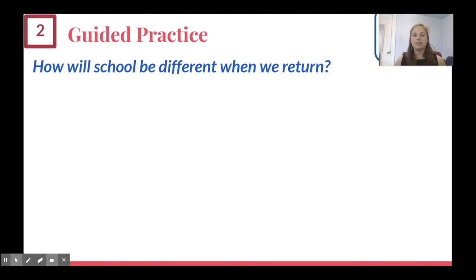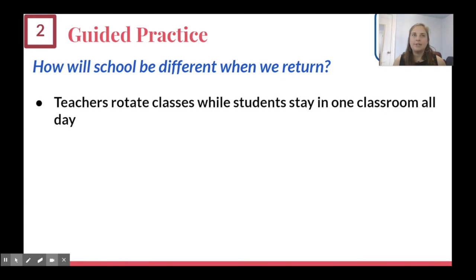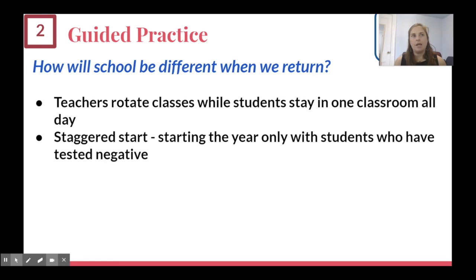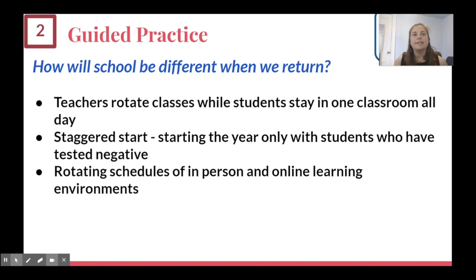So here were some of the choices that were laid out in the article. So teachers rotate classes while students stay in one classroom all day. That's one option. A staggered start, meaning that when the school year starts, only the students who've tested negative for COVID-19 will be able to return. Rotating schedules of in-person and online learning environments.